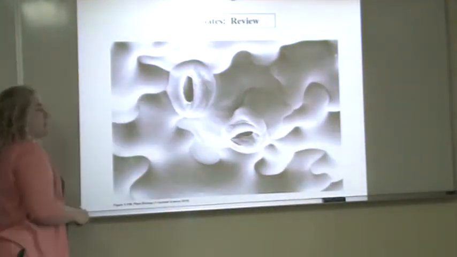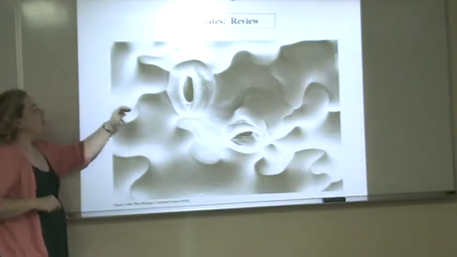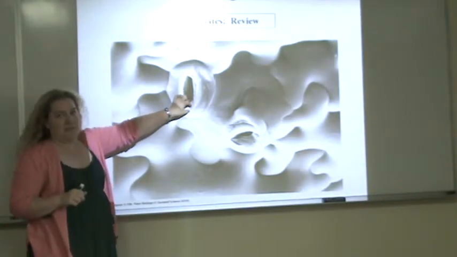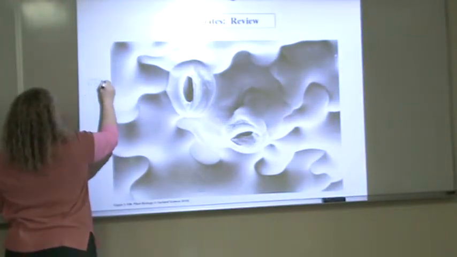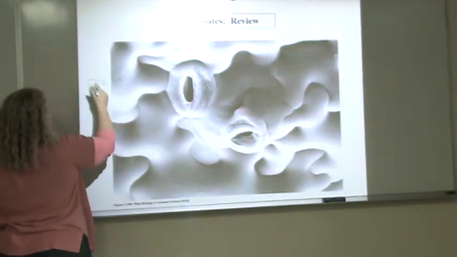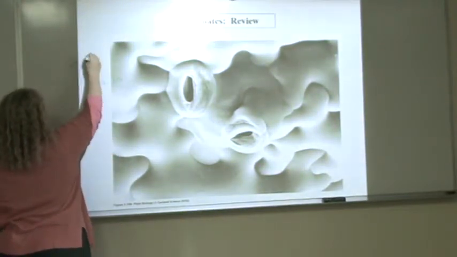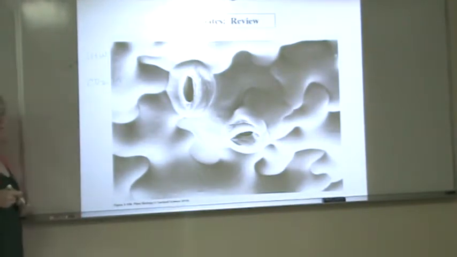So remember that stomates or stomata are these openings on the lower surface of leaves usually, and they are allowing CO2 in. So these are the net flow of materials through stomates.